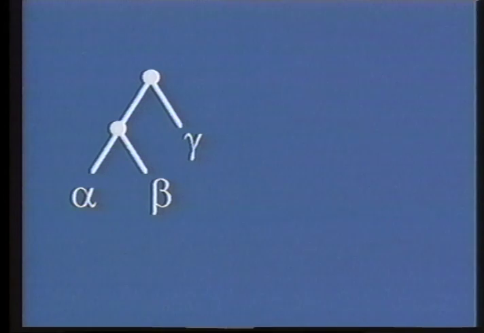So suppose I have a rotation, and I have R things here, which means that gamma has R nodes in it. And suppose I have Q here, so there were Q internal nodes in beta.